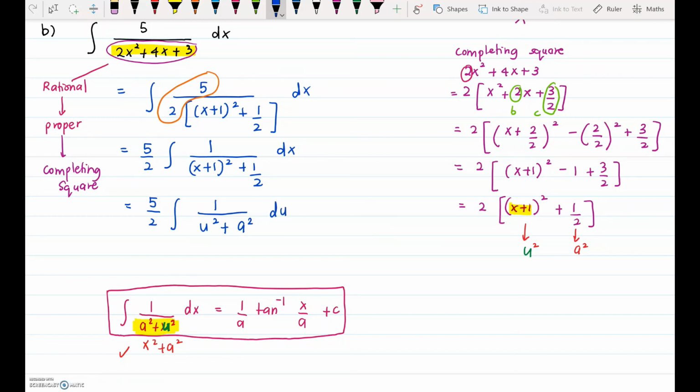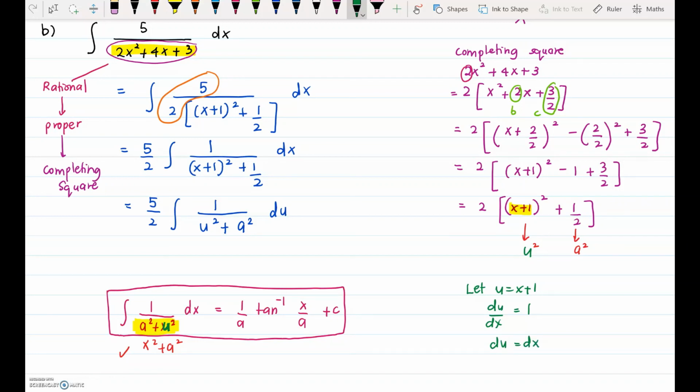Now let's see what will happen. So your u is x plus 1. Let u be x plus 1, du over dx is 1, and your du equals dx, or dx equals du.